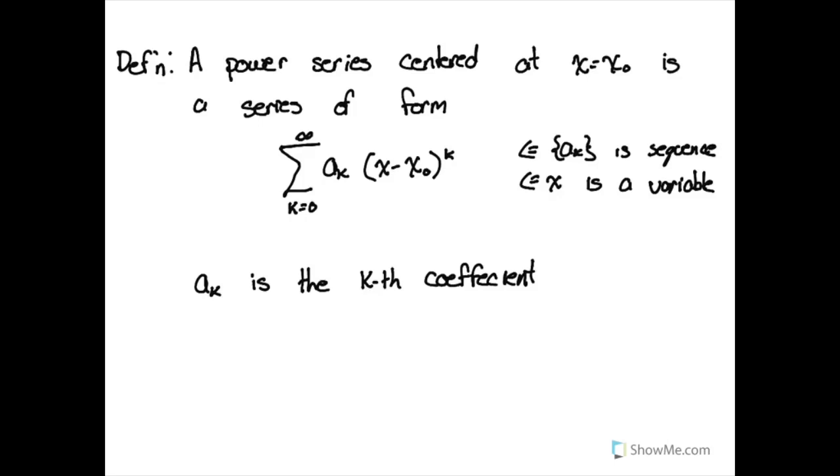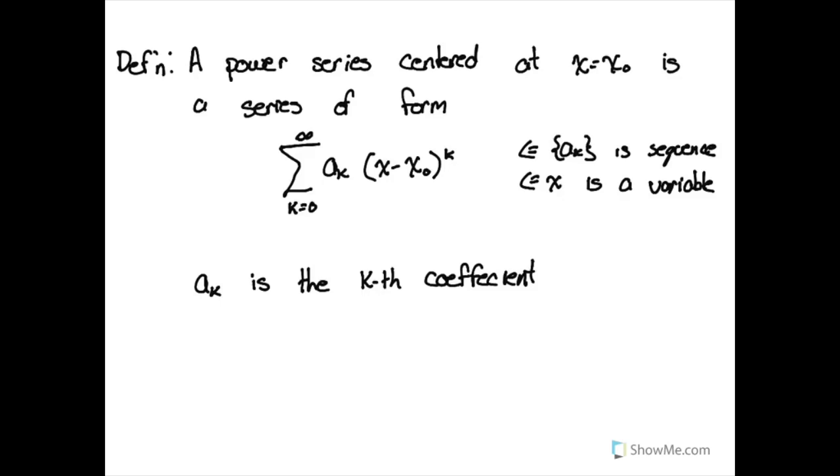Oftentimes, if you're reading a textbook or you see a question, suppose you have a power series, and it doesn't specify the center. By convention, we assume that the center is 0, but in this course, always specify what the center is, even if the center is 0. Make sure you specify that it's a power series centered at 0, or centered at some other point, x naught or whatever.